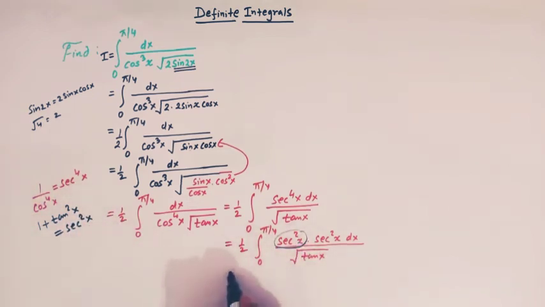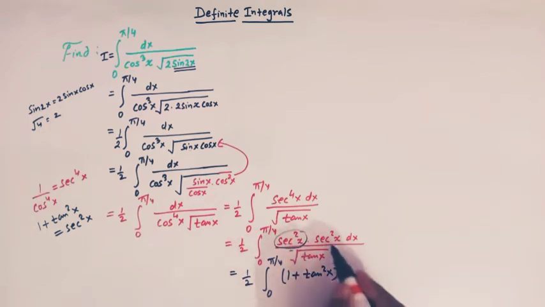So we can write half, integral from 0 to pi by 4, 1 plus tan square x for this sec square x, and we keep the other sec square x as such, and here we have the square root of tan x.